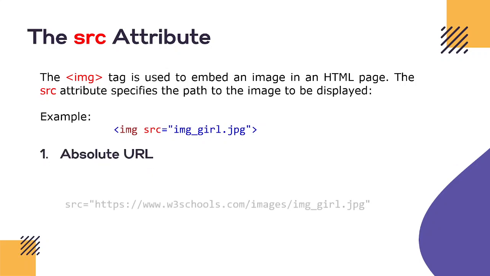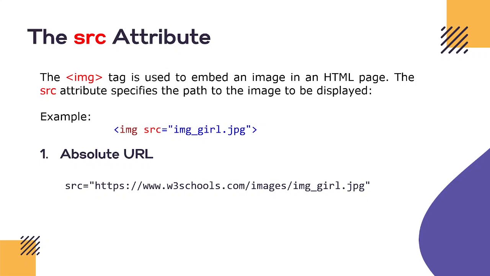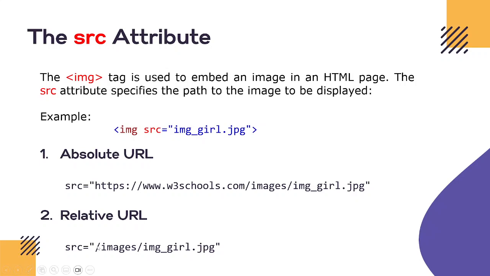Absolute URL: source https w3schools image girl.jpg. So absolute. Relative SRC: di mo alam yung link niya talaga, but this one is viewed as a relative URL, the image girl.jpg.